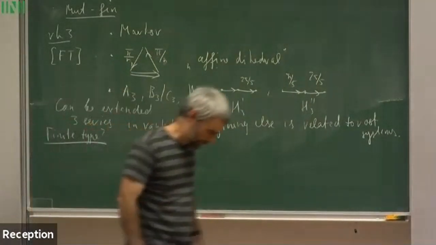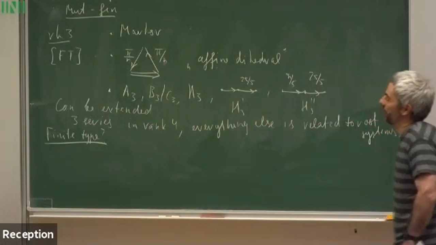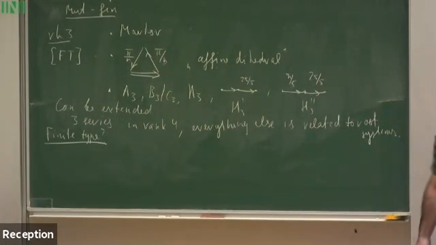Finite type means that we can somehow associate with mutations a finite number of something. So what did we do? We took two roots in the root system and started reflecting them.